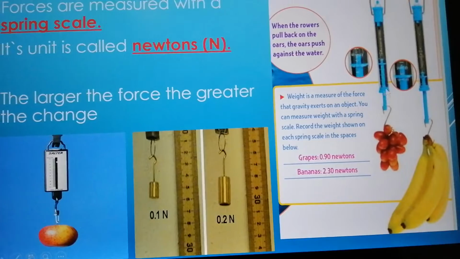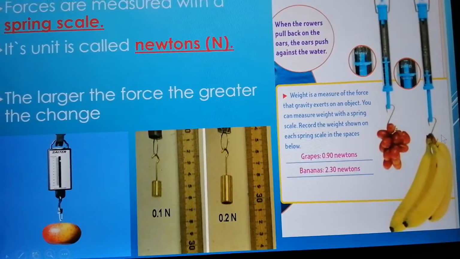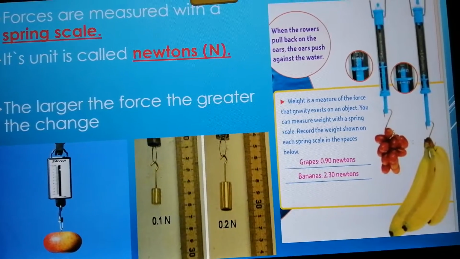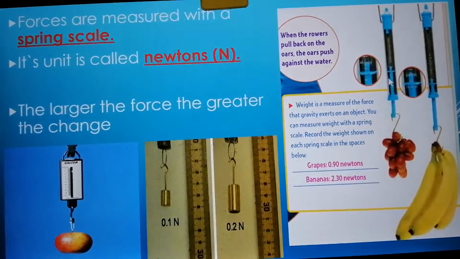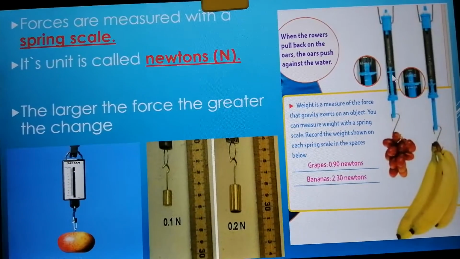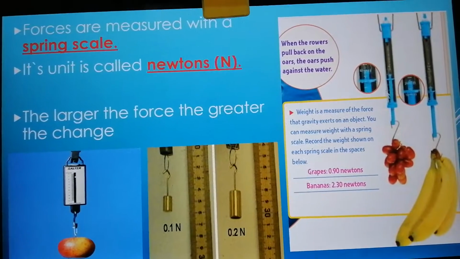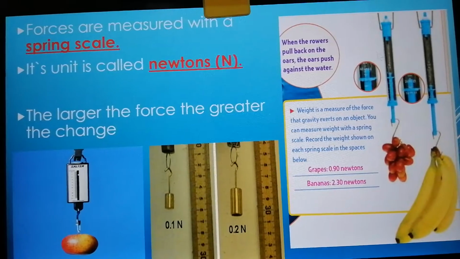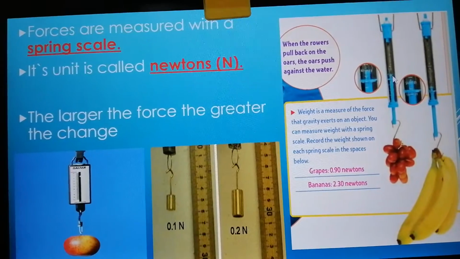Also here we have a picture from the book, bananas and grapes. Both of them we tried to measure with a spring scale. When we read the reading on the spring scale, see here the change.